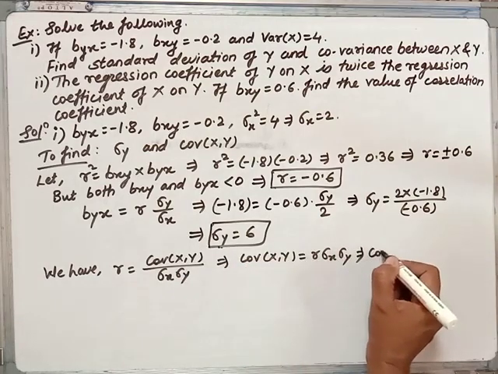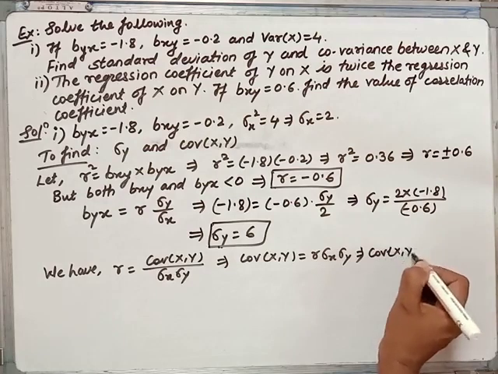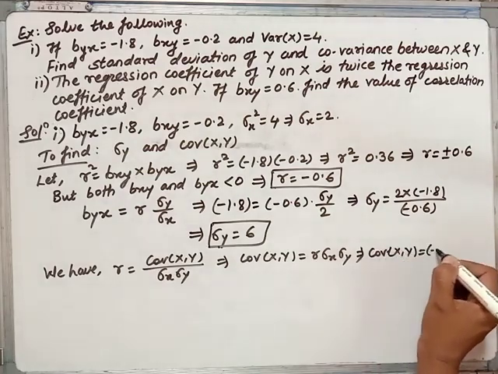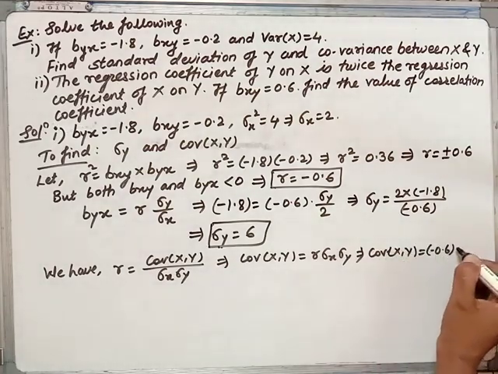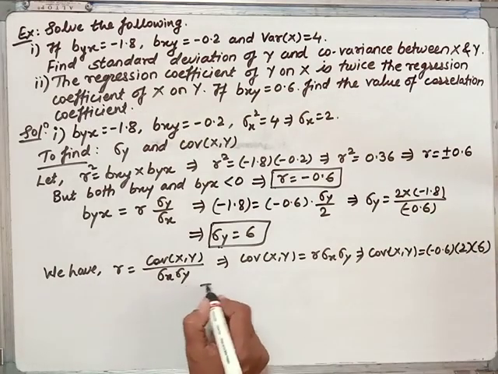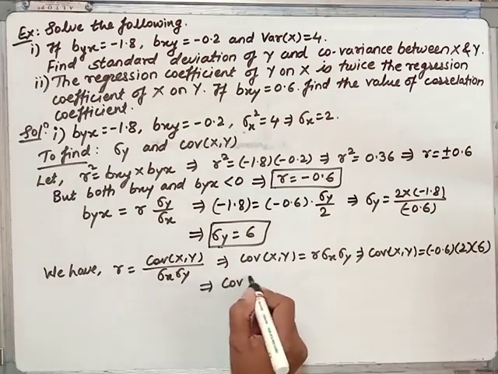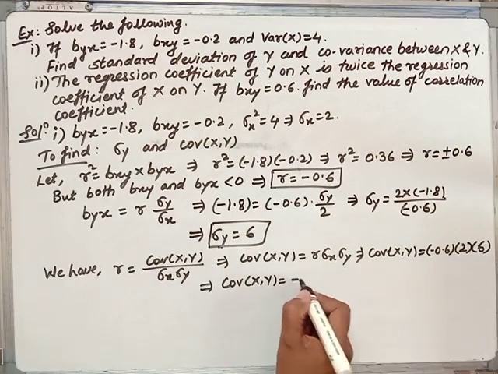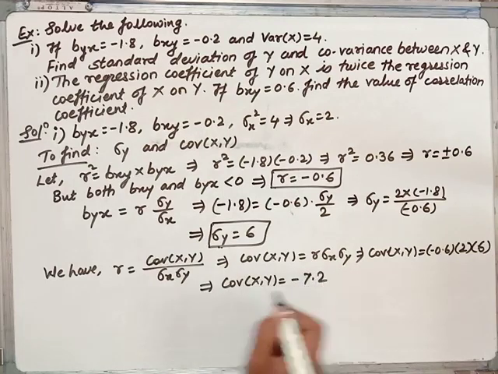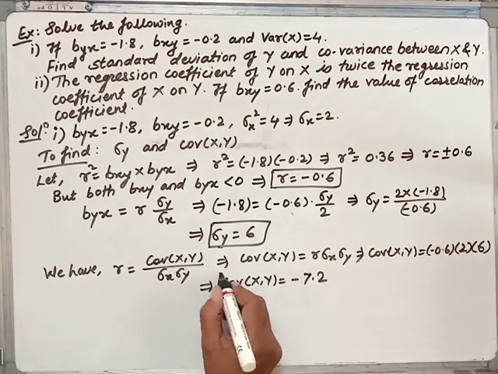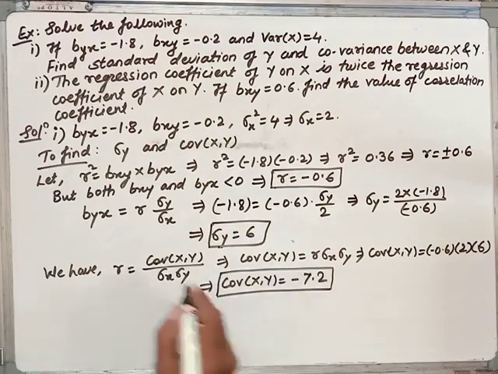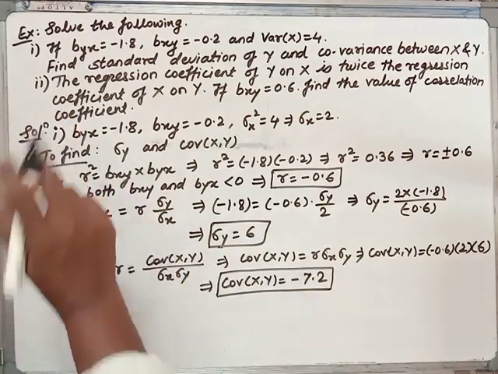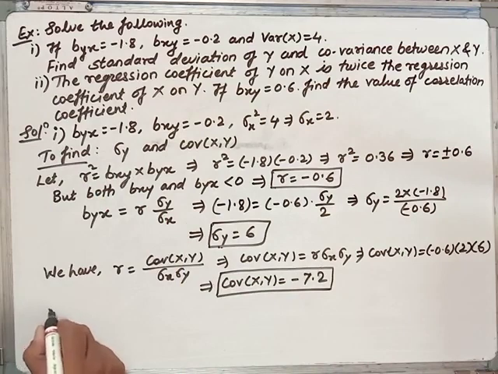So that is r is minus 0.6, sigma x is 2, and sigma y is 6. So this gives us covariance between x and y as this product, that will be minus 7.2. Okay, the first part is finished. Now the second part, it's a very simple thing.